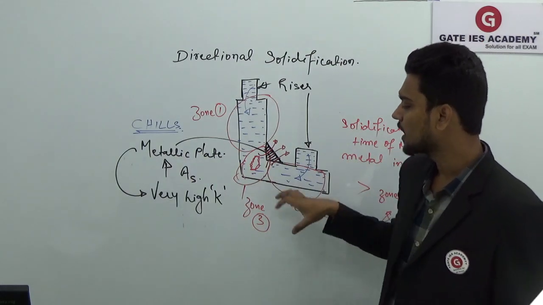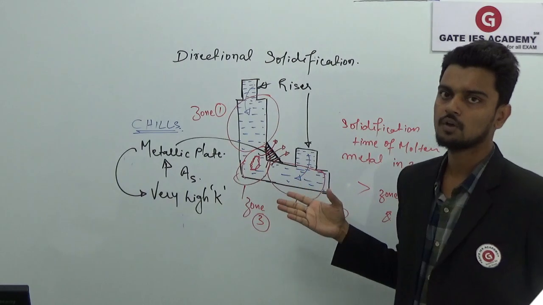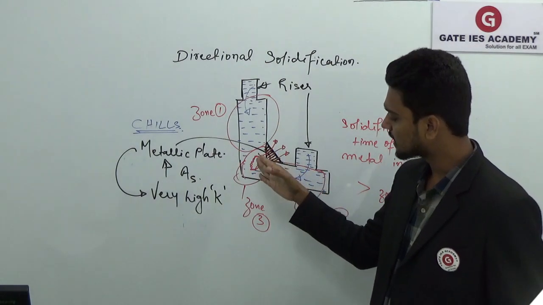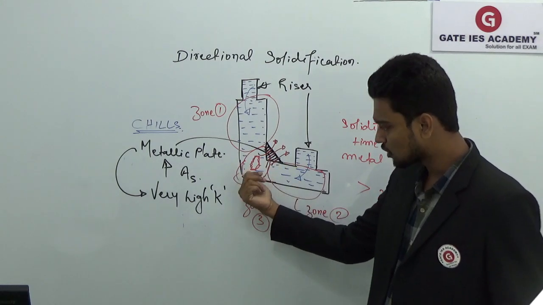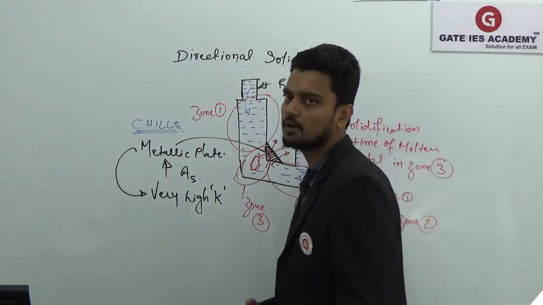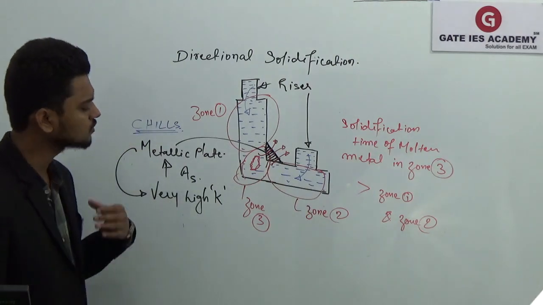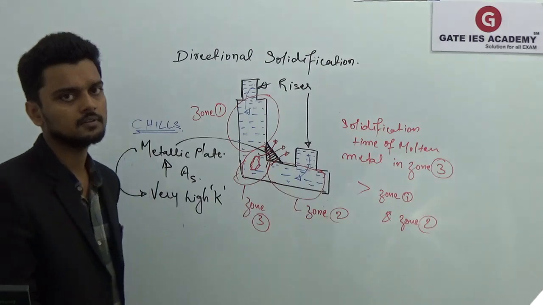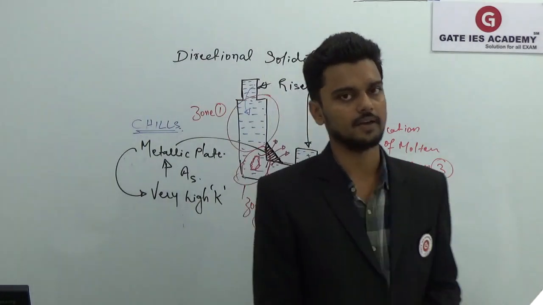Directional solidification means we are solidifying zone 3 before zone 1 and zone 2 in order to avoid the defect, so that the molten metal will start solidifying from the corner toward the riser, so that you will get the casting free from the defect. So we are trying to solidify this molten metal in a particular direction, in a progressive way, to avoid the defect.